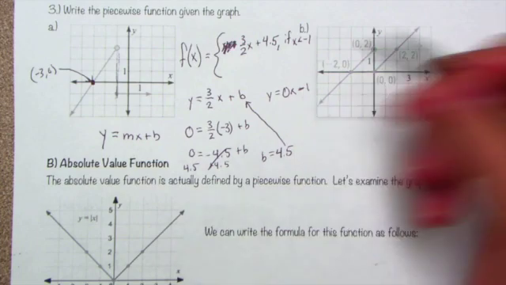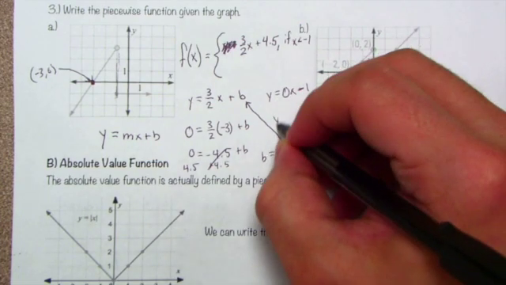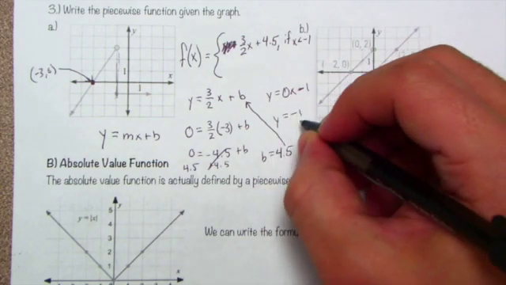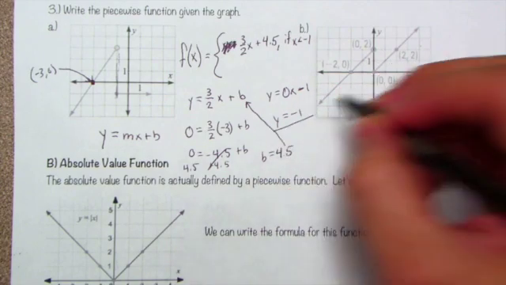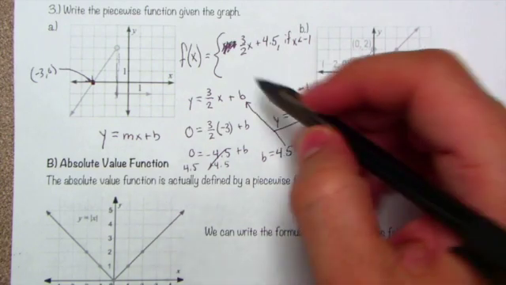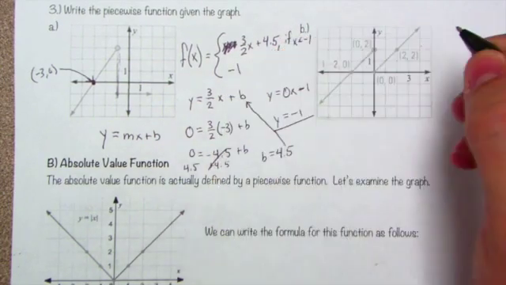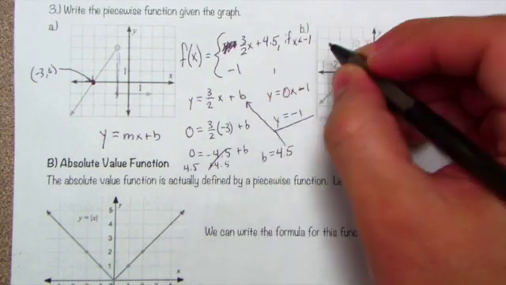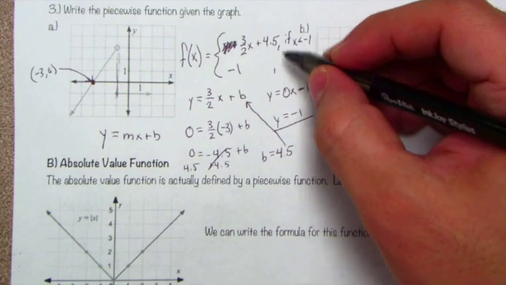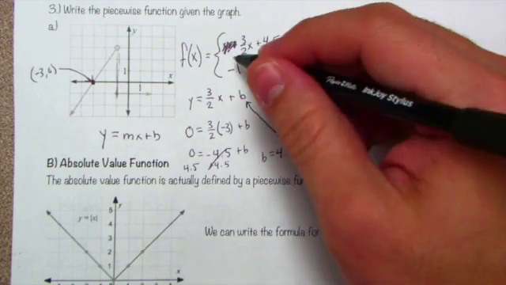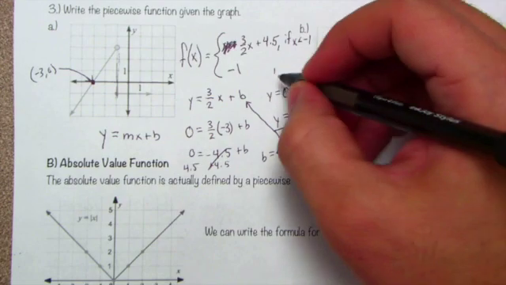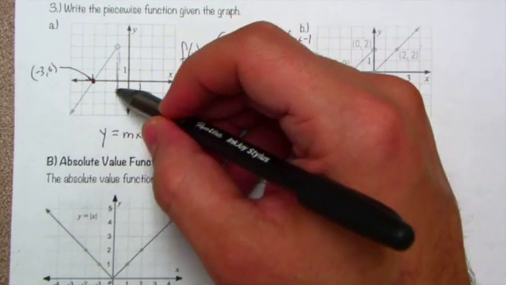Well, 0x is just 0, minus 1, and you get y equals negative 1. So that's the other one. I don't have to put the y equals because that's what the f of x is. So I just put negative 1, comma, because I like to line up my commas, so it's sort of symmetrical.